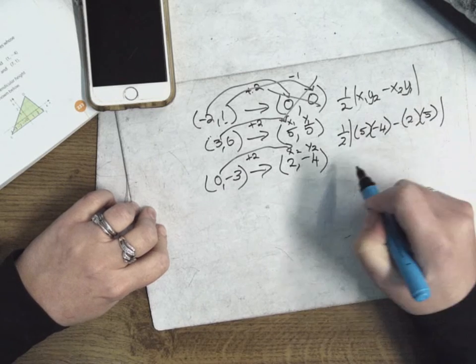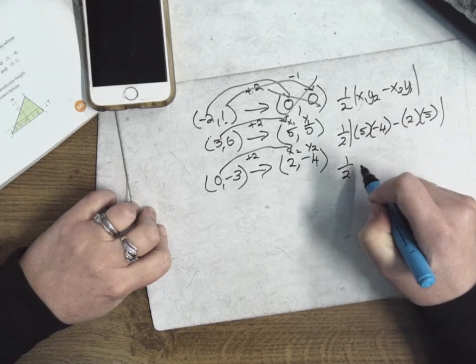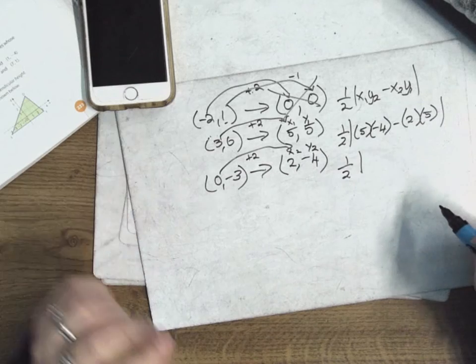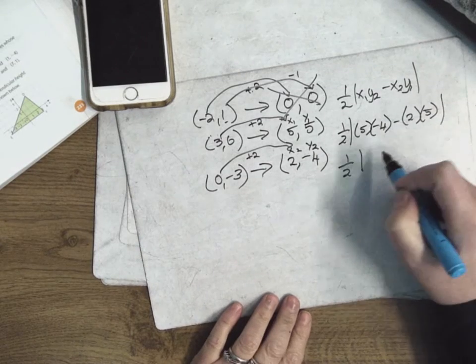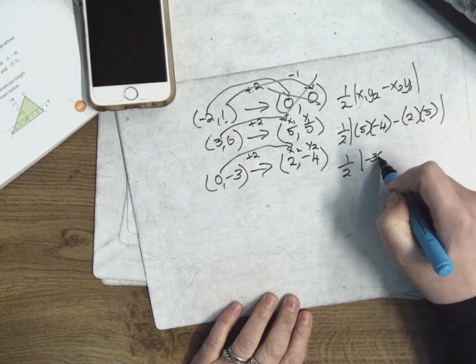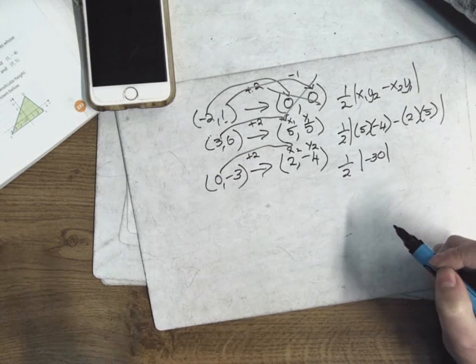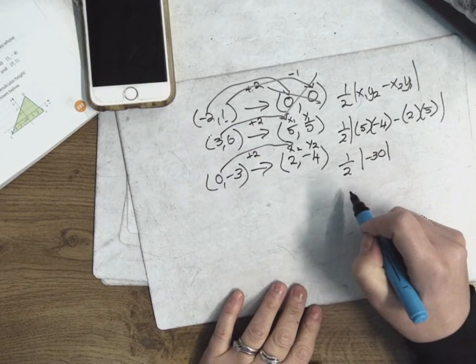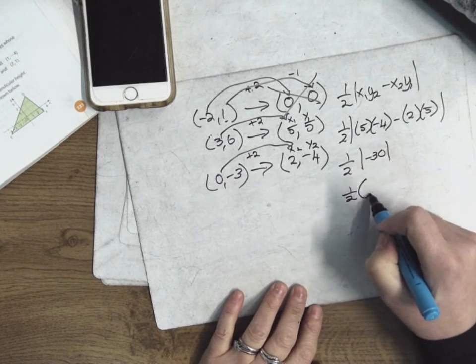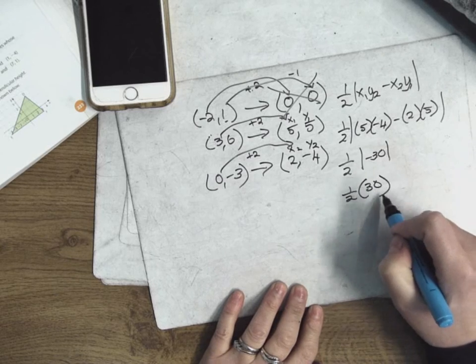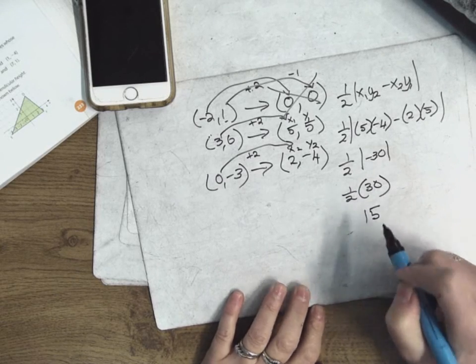As I say, just do the bit in the brackets first. So 5 times minus 4 is minus 20. Minus 20 minus 10 is minus 30. The two straight lines mean just drop that minus sign. So it's actually a half of 30, and a half of 30 is 15. That's your answer. Is that alright?